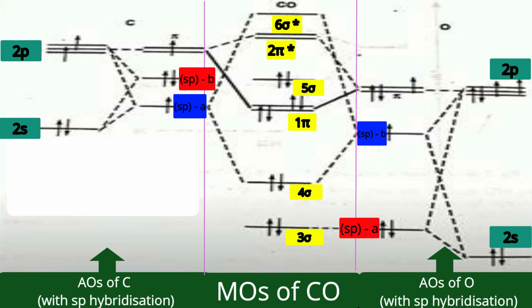So from the non-bonding 5 sigma orbital onwards, in the higher energy orbitals, there more weightage, more contribution will be from carbon. This point is very important to explain the bonding of carbon monoxide. Now between carbon and oxygen 3 bonds are there, then those 3 bonds will be due to which orbitals? 4 sigma and 1 pi.